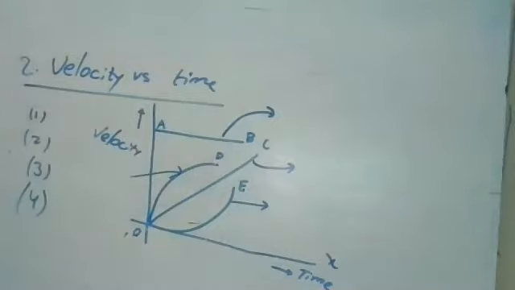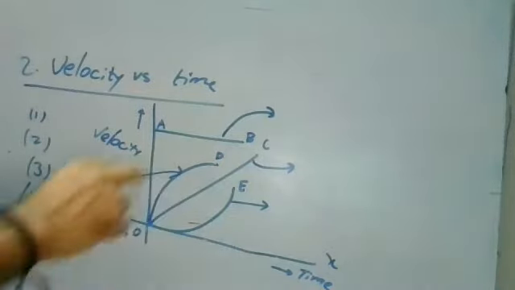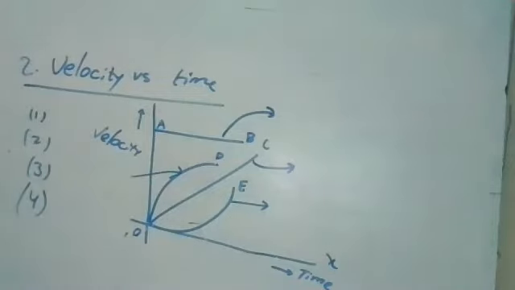First point: if the graph is a straight line parallel to the time axis, as shown by the line AB, it means that the velocity is moving with a constant value, or zero acceleration.